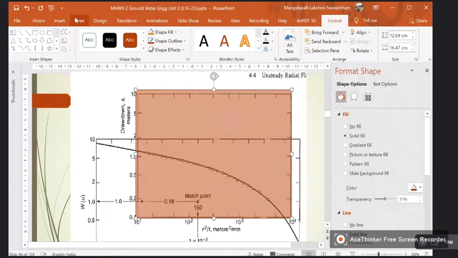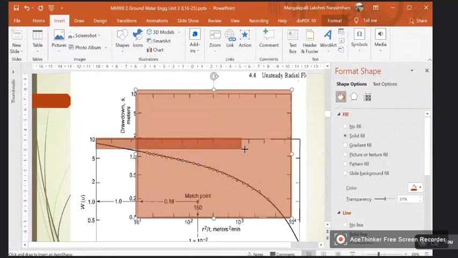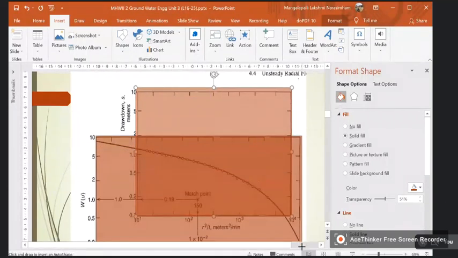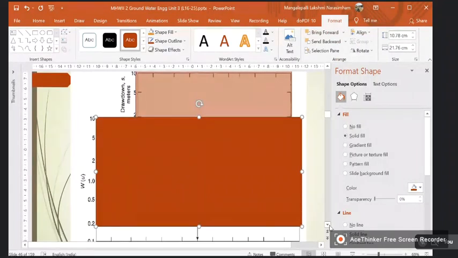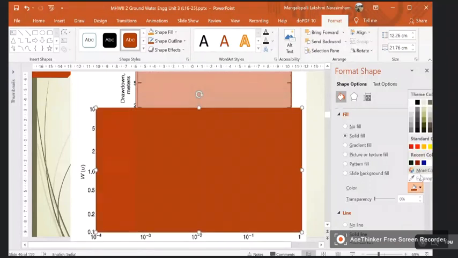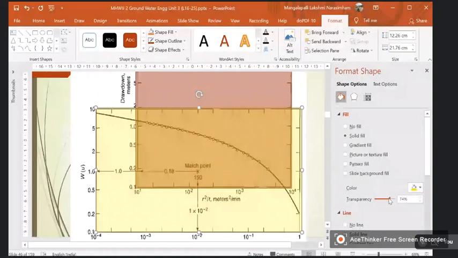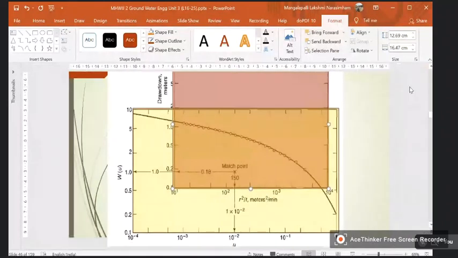This is the type curve. So the brown one is the type curve and the yellow one is our observation plot.